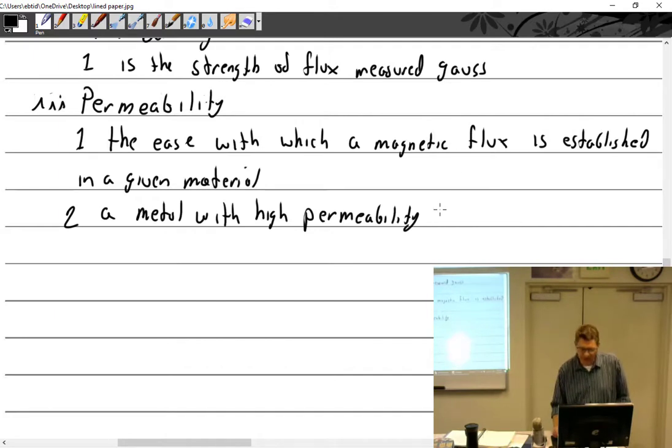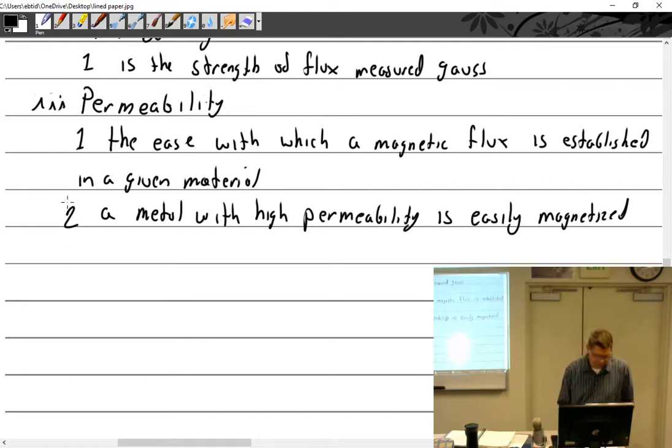With high permeability, is it easily or not easily magnetized? Easily magnetized. If it's easily magnetized, that also means it's easy to demagnetize, so it doesn't really hold its magnetism well.